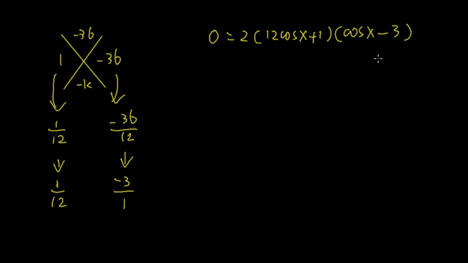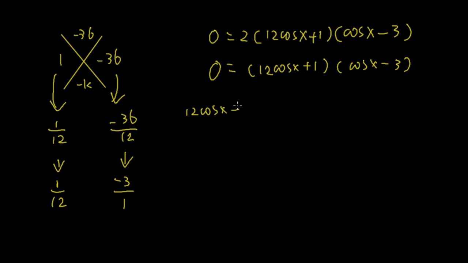So that would be the first possible factor form. Then 0 is equal to, dividing both sides by 2, 12 cosine of x plus 1 times cosine of x minus 3. Then we can say 12 cosine of x plus 1 is equal to 0, or cosine of x minus 3 is equal to 0.